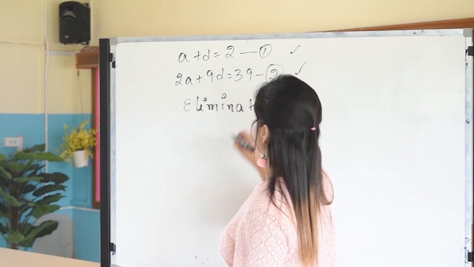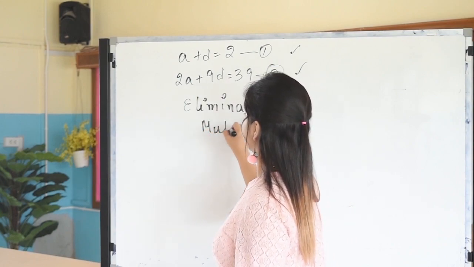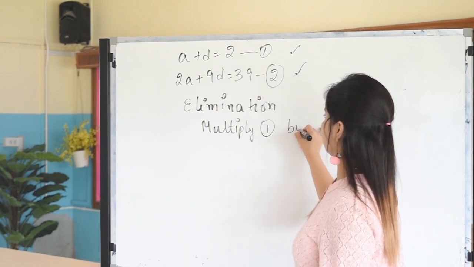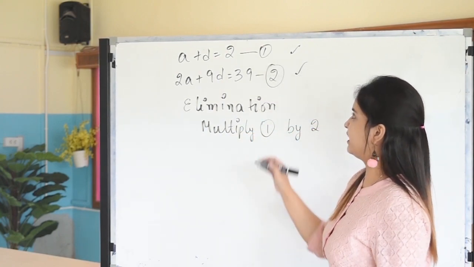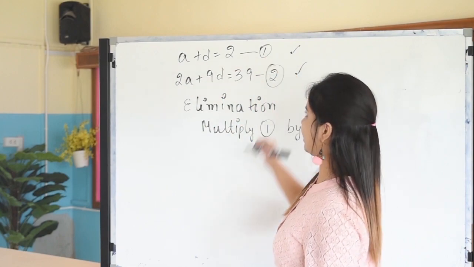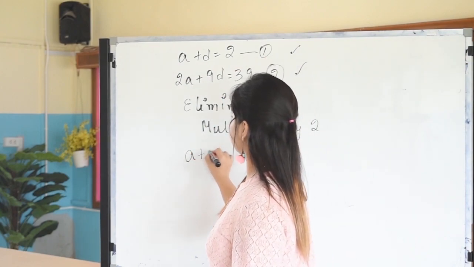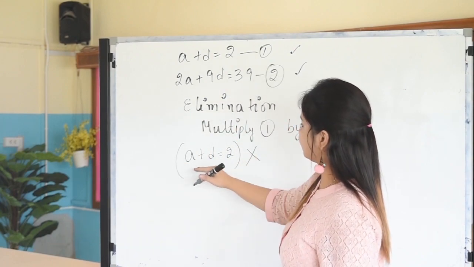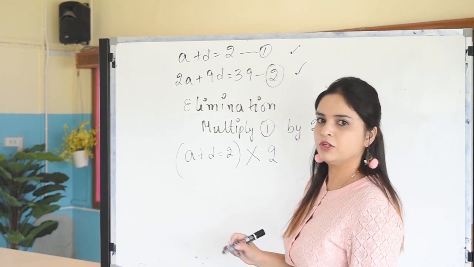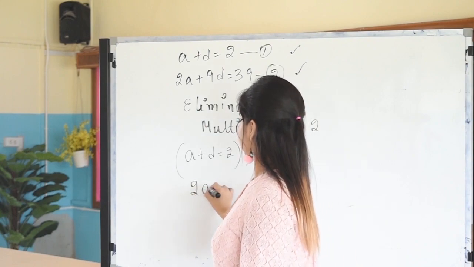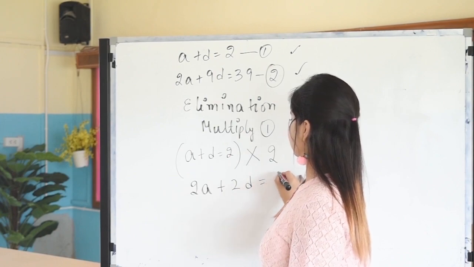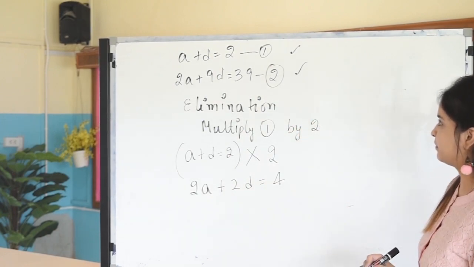So simplify 1 and 2. Now if I multiply equation 1 by 2, okay, multiply the whole equation 1 by 2, I will get a plus d is equal to 2. Multiply this whole equation by 2, so I will find my new equation to be 2a plus 2d is equal to 4.